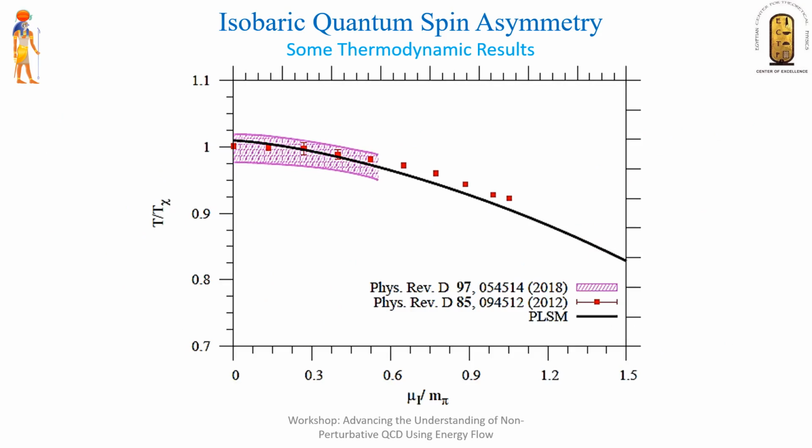Now, to summarize my talk, here is the phase diagram T versus mu I, where we are comparing with the available lattice. These are the dots, and this is the band, and our calculation is the solid line.